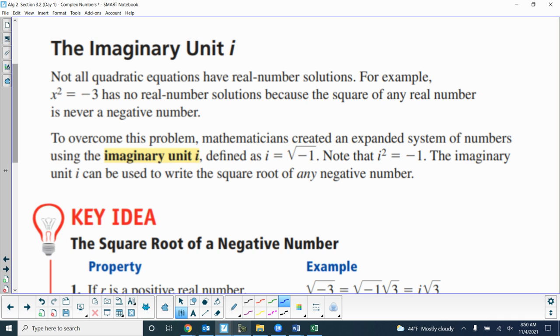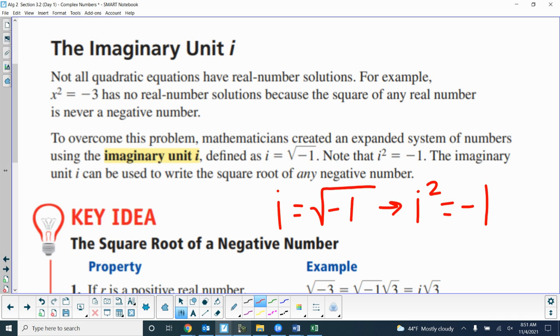For example, x squared equals negative 3 has no real number solutions because the square of any real number is never a negative number. To overcome this problem, mathematicians created an expanded system of numbers using the imaginary unit i. So i is the square root of negative 1, which means i squared equals negative 1.